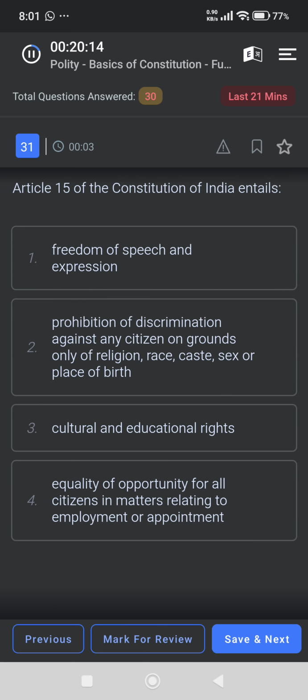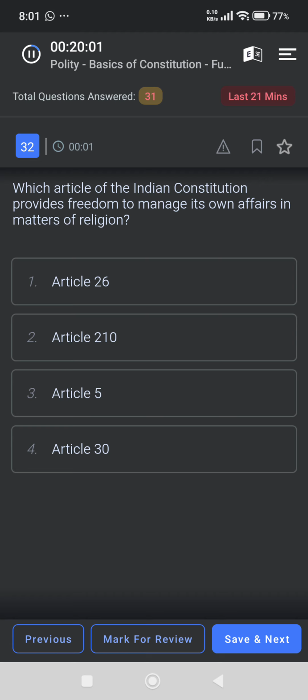Article 15 of the Constitution of India entails prohibition of discrimination against any citizen on grounds only of religion, race, caste, sex, or place of birth. Which article of the Indian Constitution provides freedom to manage its own affairs in matter of religion? Article 26.